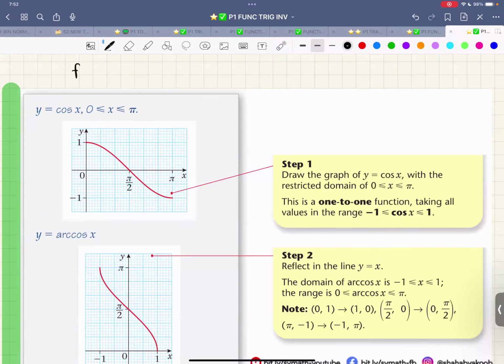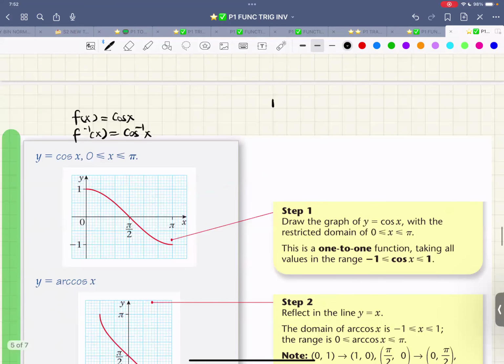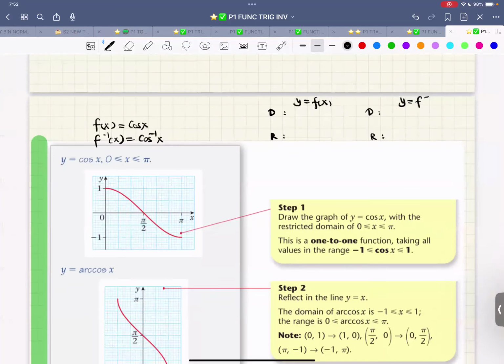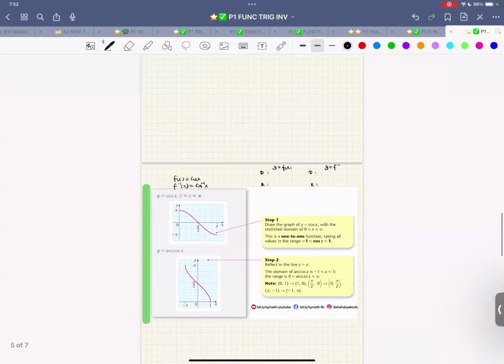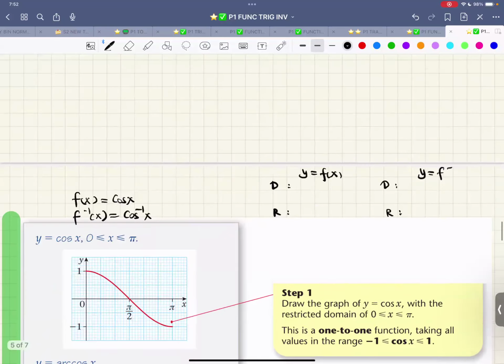We are talking about f(x), that is cosine x. We are talking about f inverse x, that is cosine inverse x. And then we are talking about domain and range. This is y equals f(x). This is y equals f inverse x.